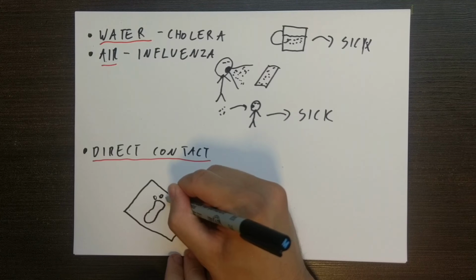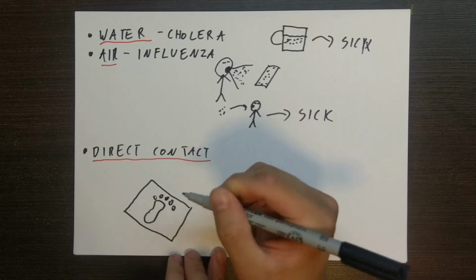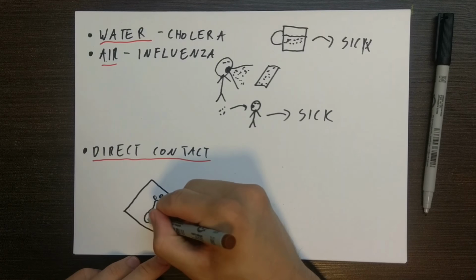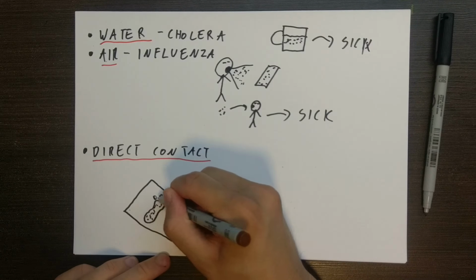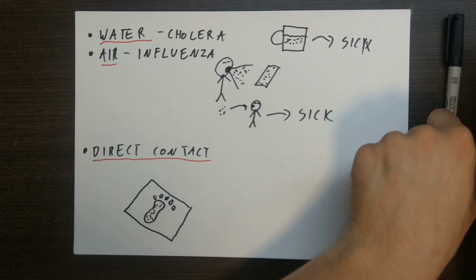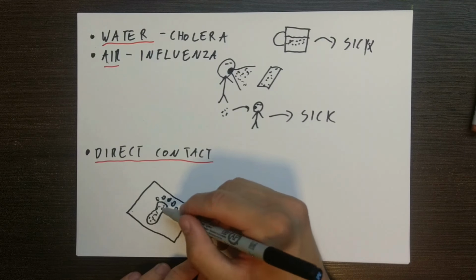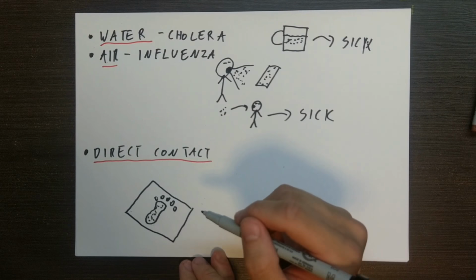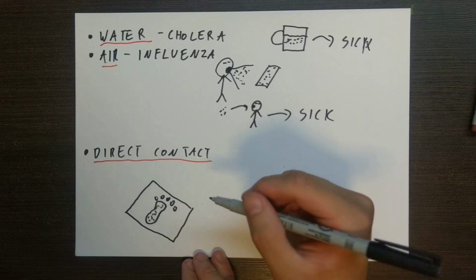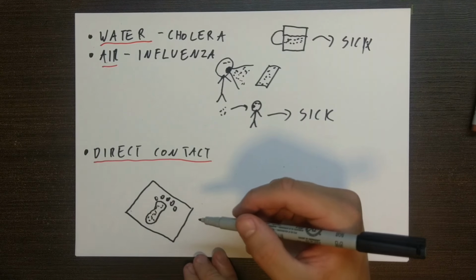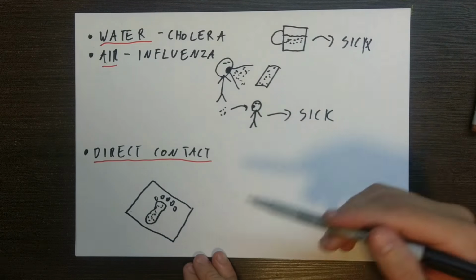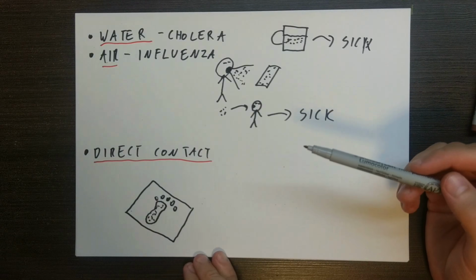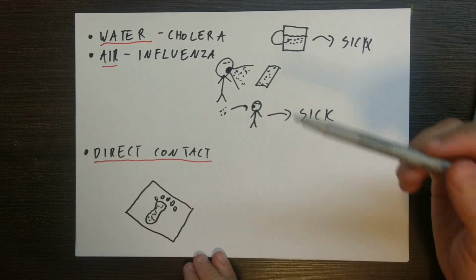I'm going to draw a foot here. And if anyone else was to step in the same area, then the chances would be that that person would unfortunately get athlete's foot. So this is a very quick rundown of what kind of pathogens are out there and how they spread.